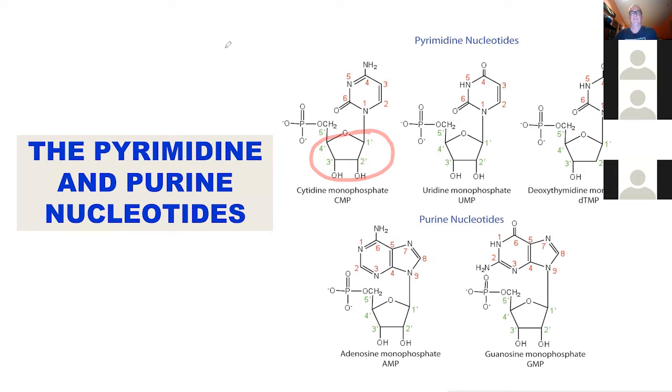Why do you say that? How can you tell the difference? It has that OH number 2. Mm-hmm. So if it's deoxyribose, what does deoxy mean? Deoxy means it's like missing an oxy, right?